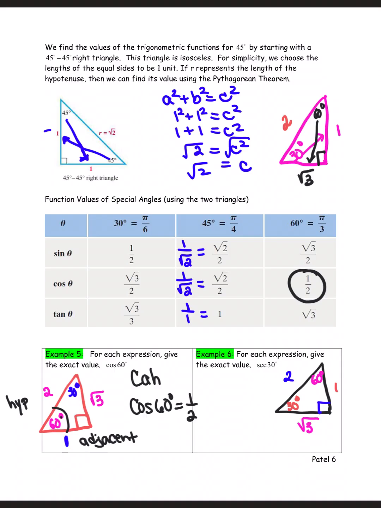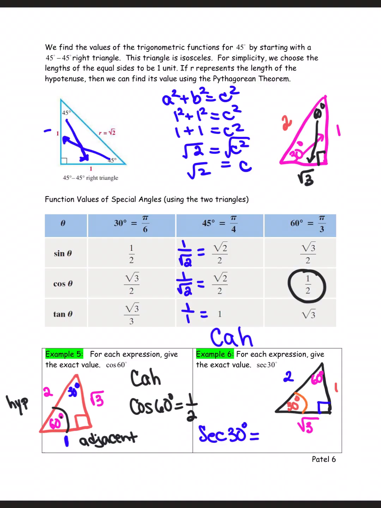So secant of 30 degrees is equal to, remember, the reciprocal of secant is cosine. So for cosine, we use CAH, so adjacent over hypotenuse. So we're looking at 30 degrees.